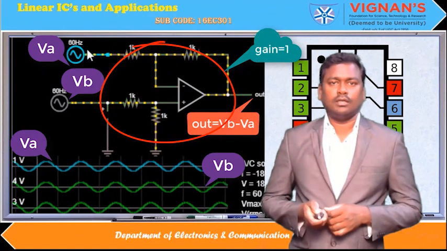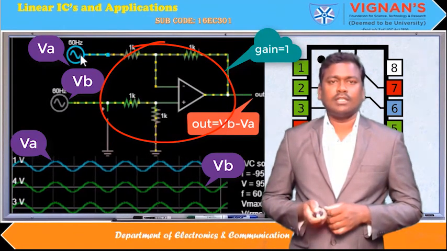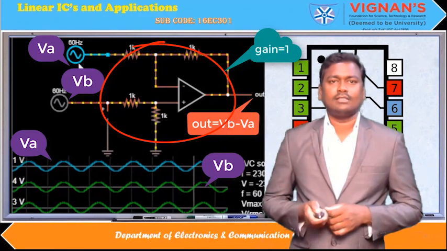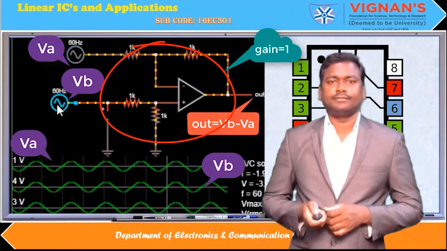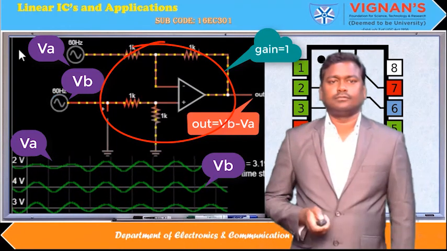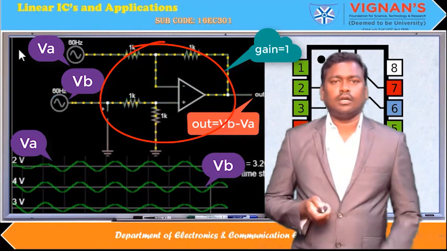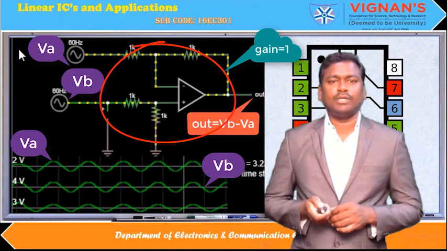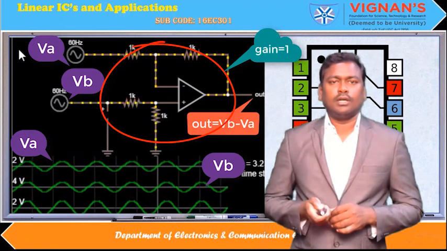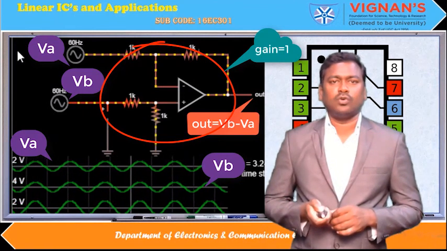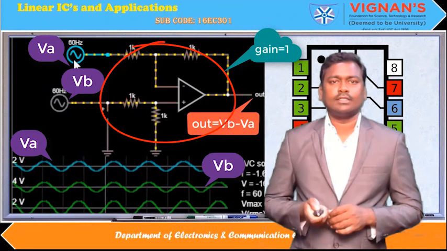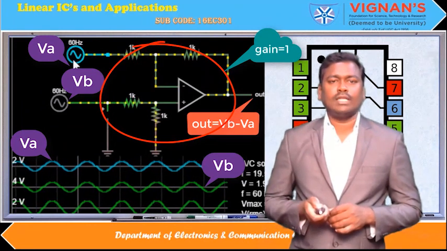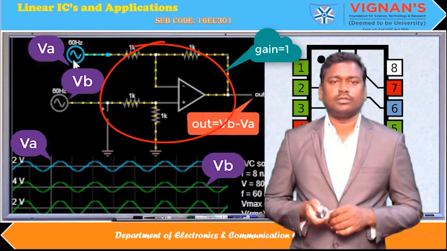So here the differential amplifier is acting as a subtractor. In the third case, the first signal is changed to 2 volts peak to peak, and the second signal is 4 volts peak to peak. Their output is 4 minus 2, which is 2 volts peak to peak.